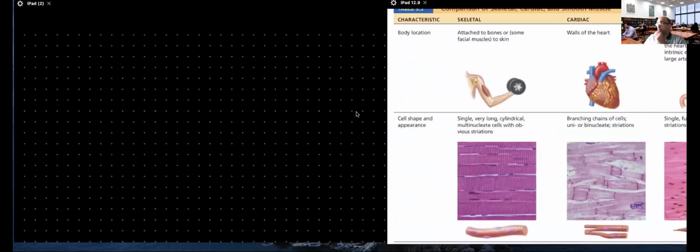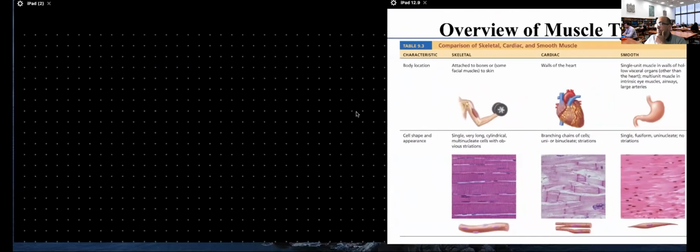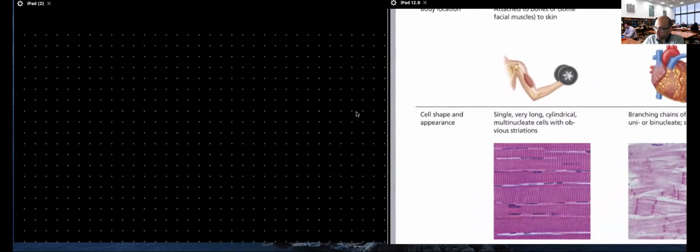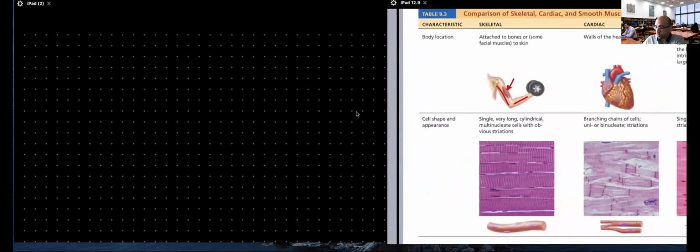All right, a quick overview. What are the different types of muscle tissue? If you remember, we had three main types: skeletal muscle tissue, smooth muscle tissue, and cardiac muscle tissue. Skeletal muscle tissue is located in your skeletal muscles, which are attached either to bones or to skin. For example, the platysma and the muscles of facial expression are attached to skin.